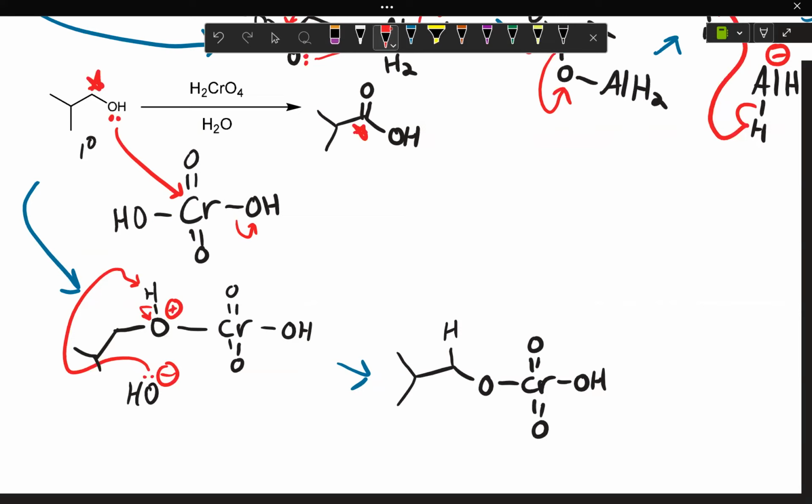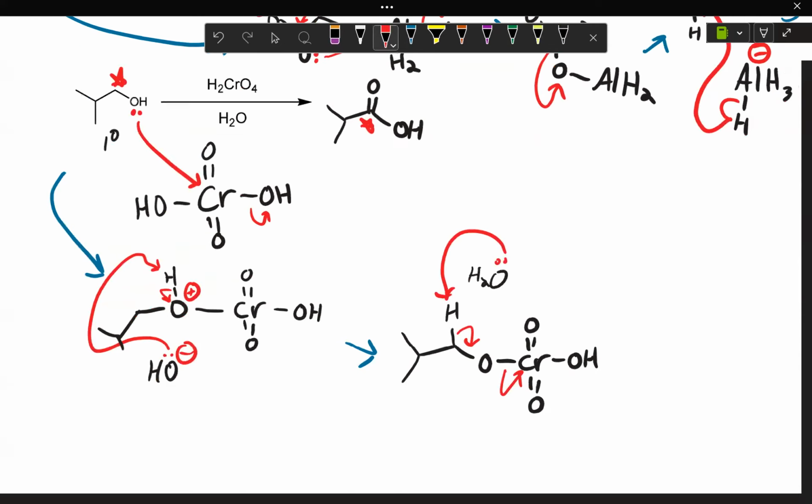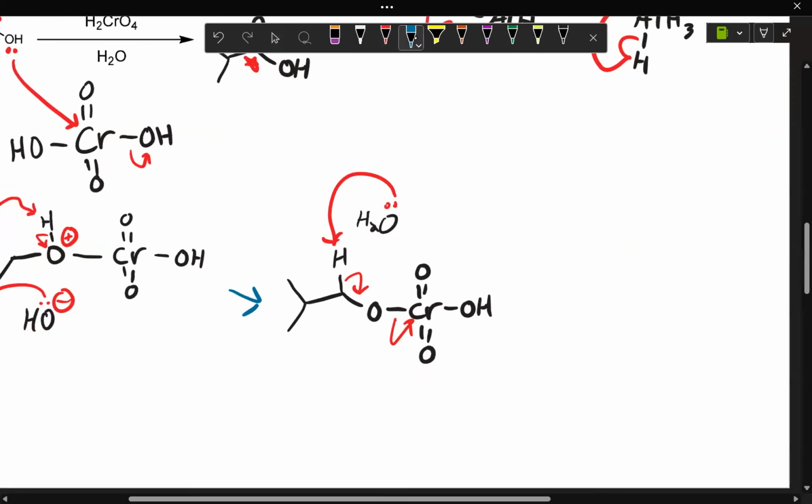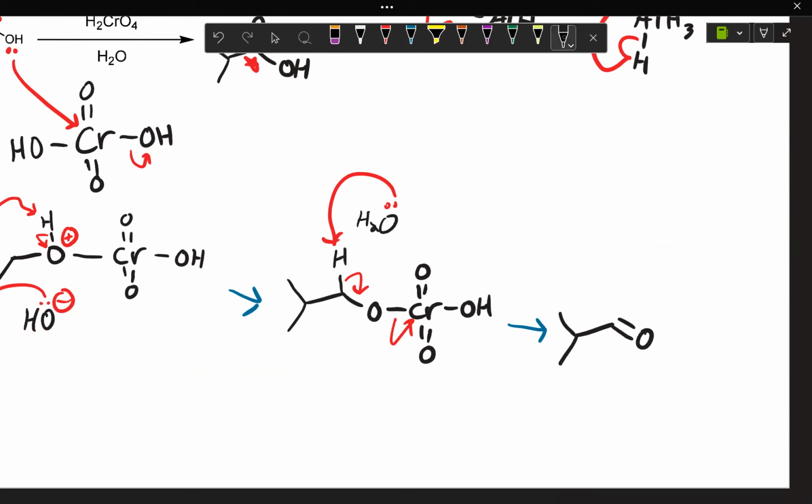So first, we can deprotonate that hydrogen, form a double bond onto the oxygen, and then kick off the chromic acid. So now we get an aldehyde.